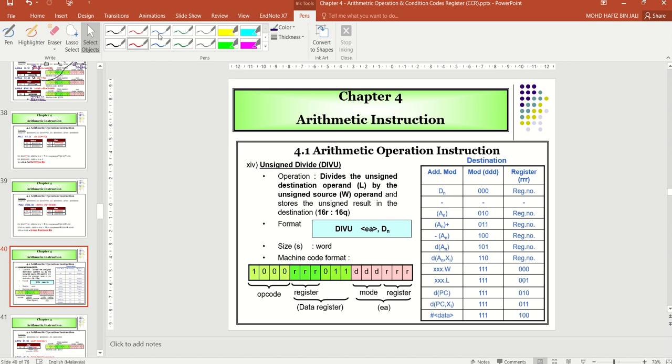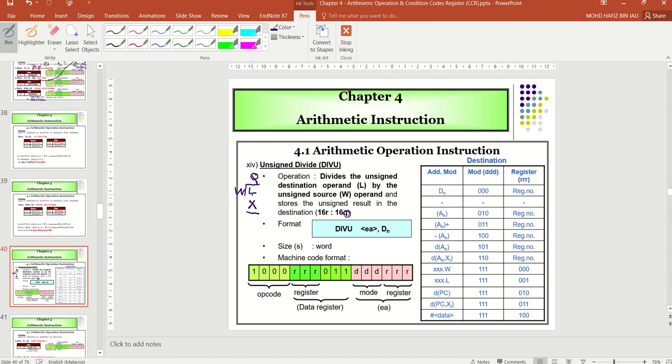So what does this mean? The destination operand has to be in the L size, long word divided by word. So we get the quotient, and of course you will have the value here.